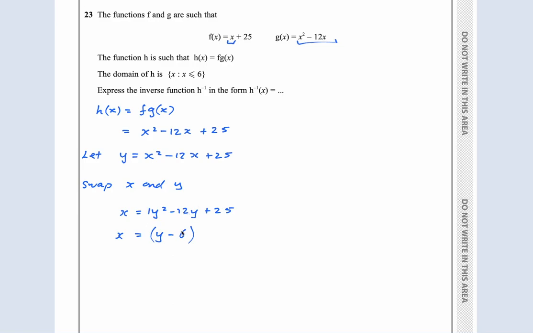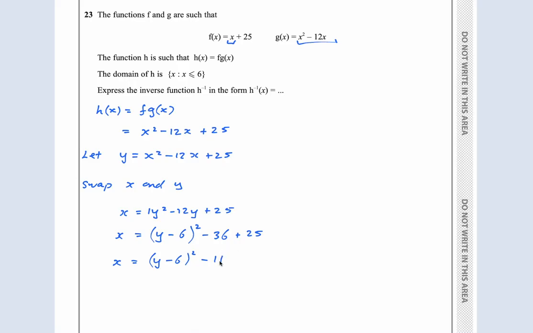So I half the minus 12 to give me minus 6. I square this. I have to subtract 36. I subtract this squared. Whether it's positive or negative, I subtract it, because by squaring this, I've got a new 36, so I need to subtract the 36. Anyway, then I add 25, and this gives me x equals y minus 6 squared minus 36 plus 25 is minus 11.